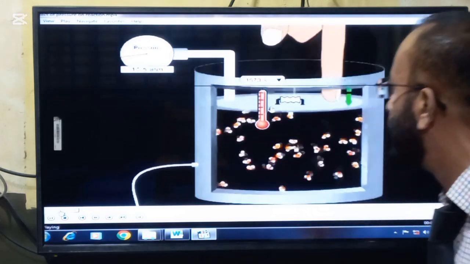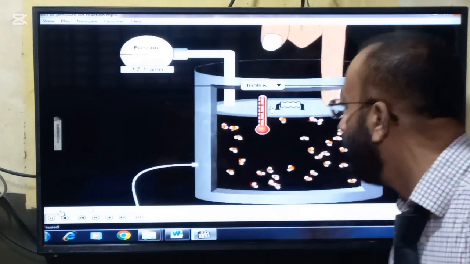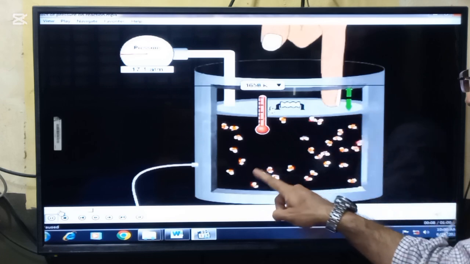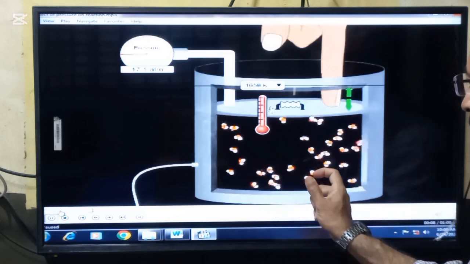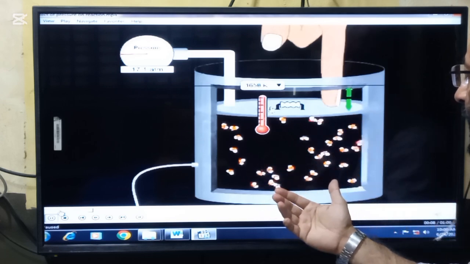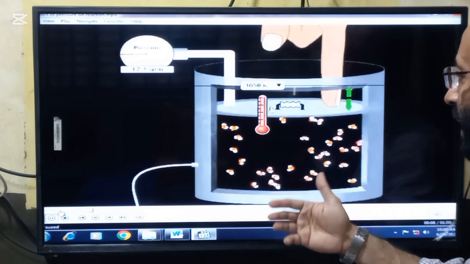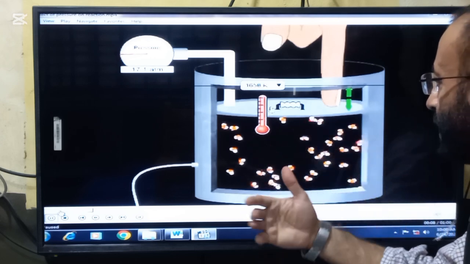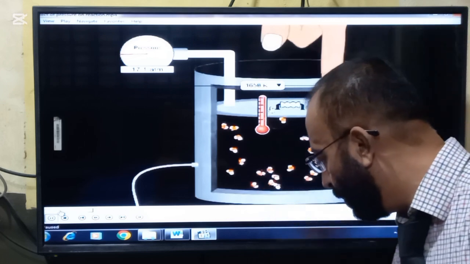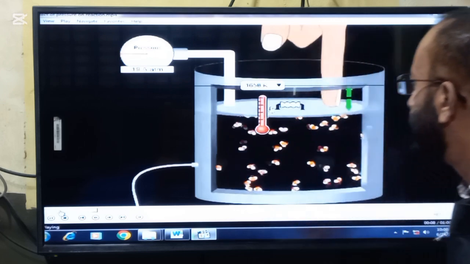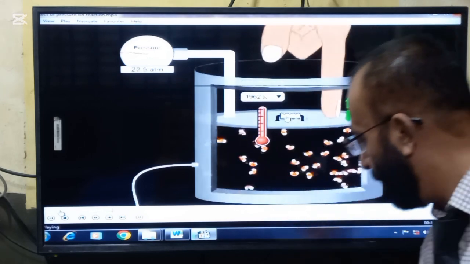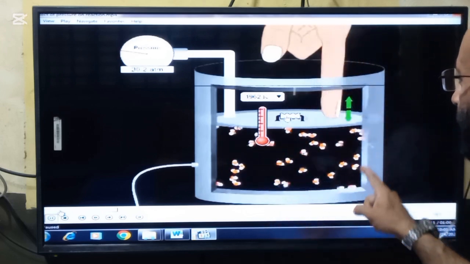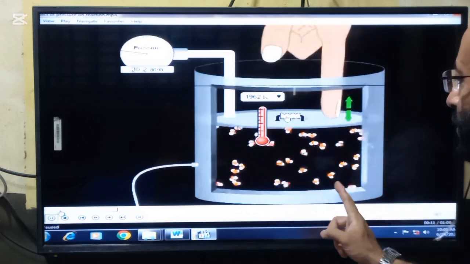A gas, and we compress. So look now, here is less space. Particles will collide more frequently, and the speed of the reaction will be increased because the reaction will take less time to complete. Then more pressure will be built. We increased its pressure by squashing it in. Look now, they are coming even closer to each other.